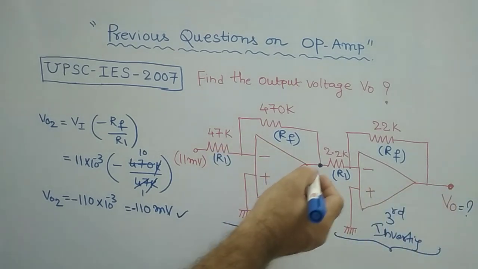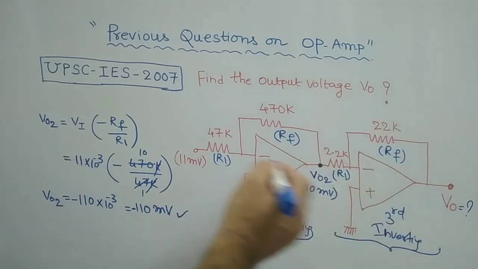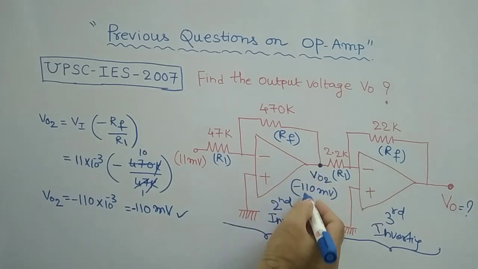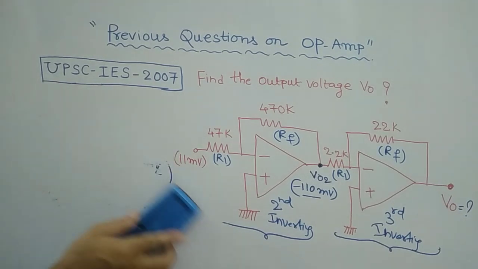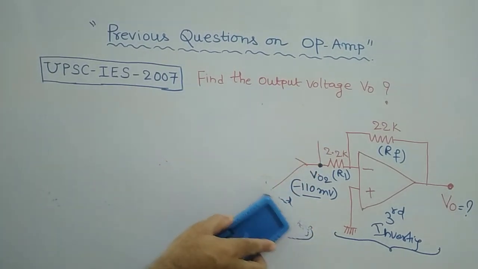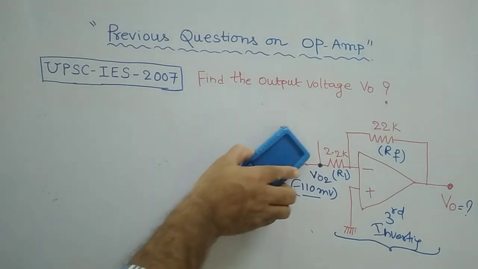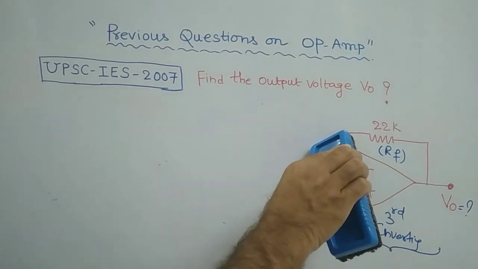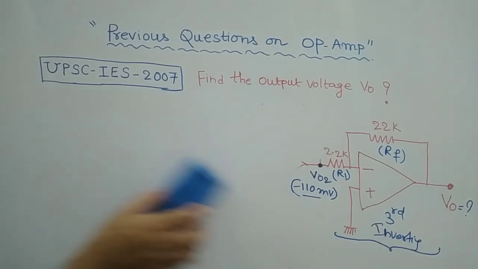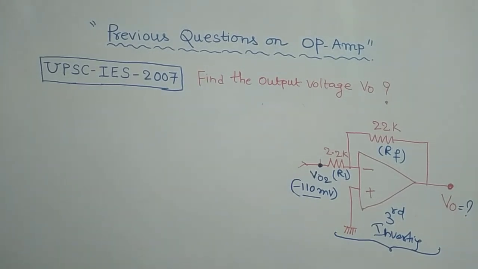Now, consider the third one. We have calculated V02 for the second stage, which is minus 110 millivolts, right? Now come to the third one. For the third one, what is V0? For that, I can ignore the second stage here. To calculate the third one, again, what kind of amplifier is it?